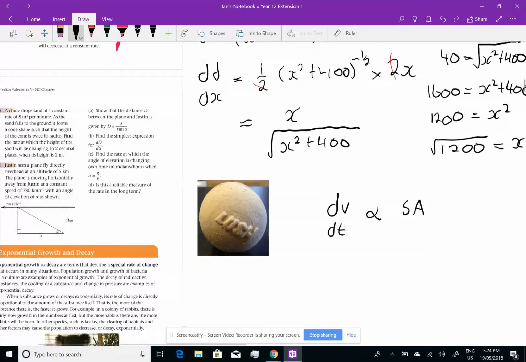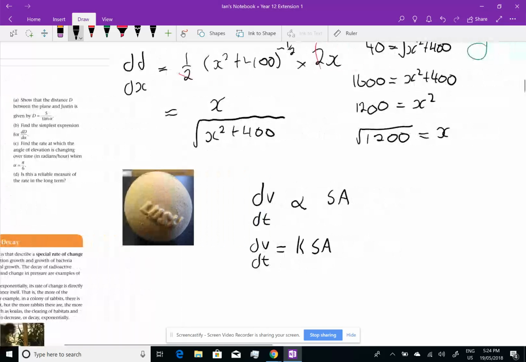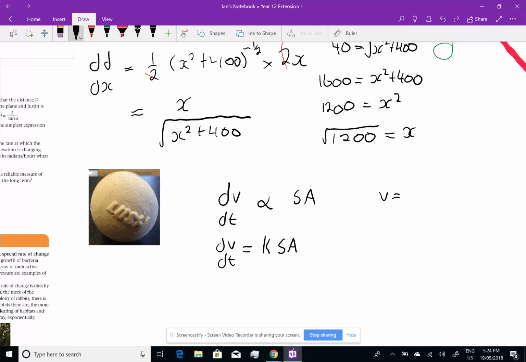As soon as you know something is proportional, you know that dV/dt equals some constant, so I'll put in k, times the surface area. Now, what do we know? We know volume is 4/3 pi r cubed, and dV/dr is 4 pi r squared.